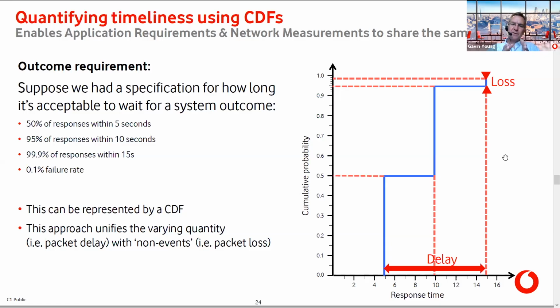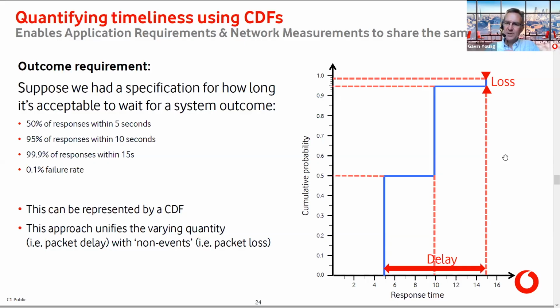But if you look at specifying those requirements in the form of, say, 50% of packets need to arrive within 5 milliseconds, 95% within 10 milliseconds, 99.9% within 15 milliseconds, whatever your metric is, and I can have a 0.1% loss rate, then you can actually plot that as a cumulative distribution function.